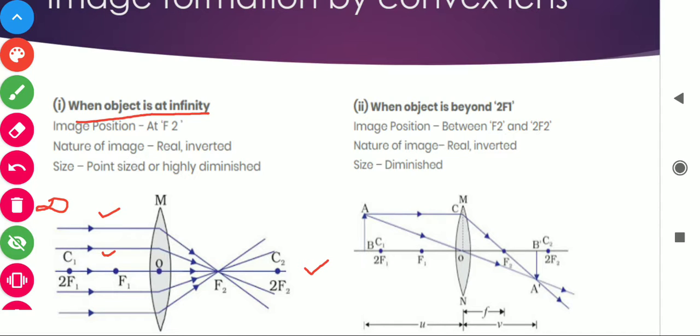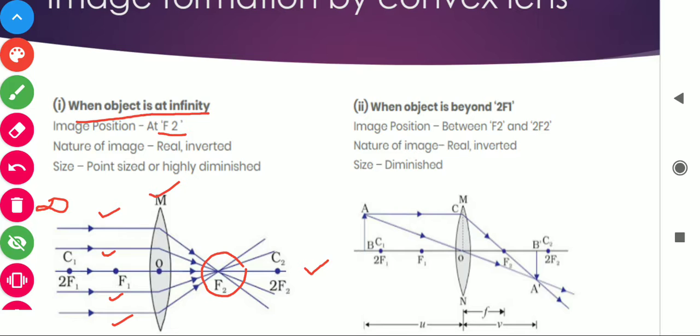Here we have 4 rays. All these rays after passing through the lens come at the focus, and this is the point where image is formed. It means image is formed at focus. Okay, students, image is formed at focus.